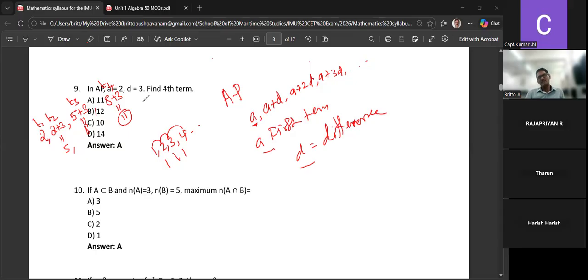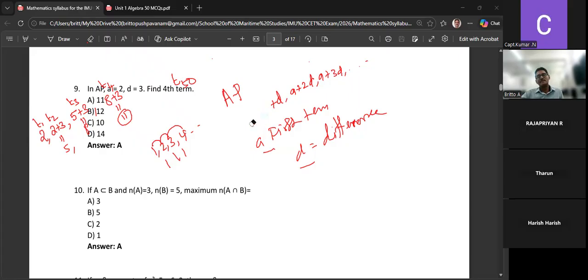But suppose they are asking for the 50th term, or the 40th term, like this. Manually it is a little difficult. You cannot find it by adding 50 times again and again. So we have a formula in arithmetic progression, the nth term formula.